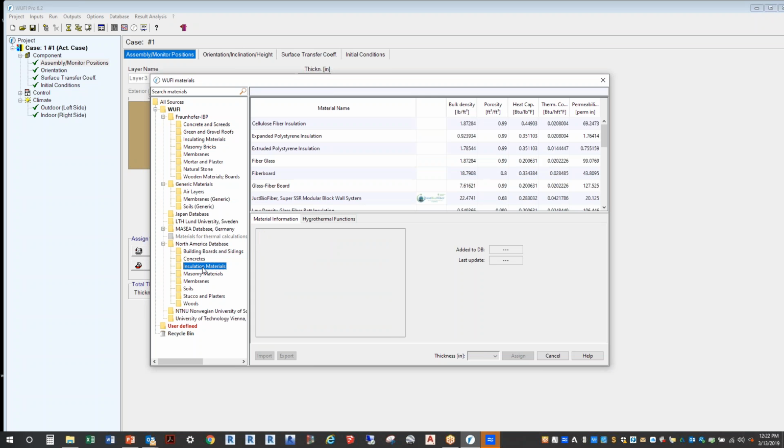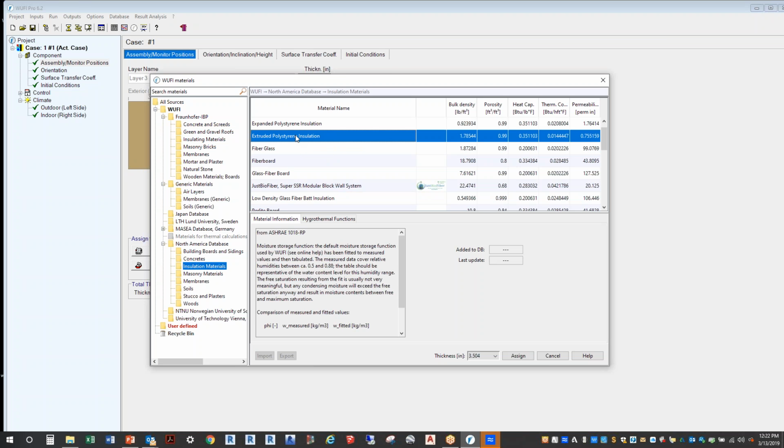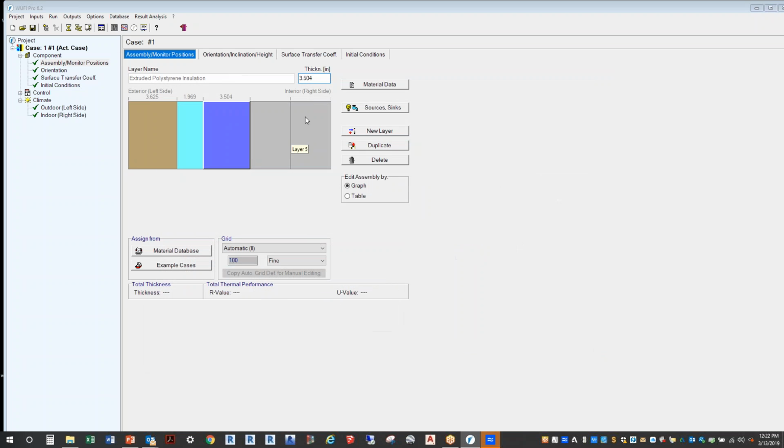So I'm going to go to insulation materials, and I'm going to look for extruded polystyrene. Did I pass it? Here it is. Extruded polystyrene. I'm going to add that. I'm going to change its thickness to 1.5 inches.